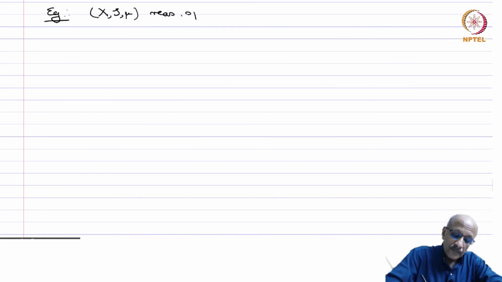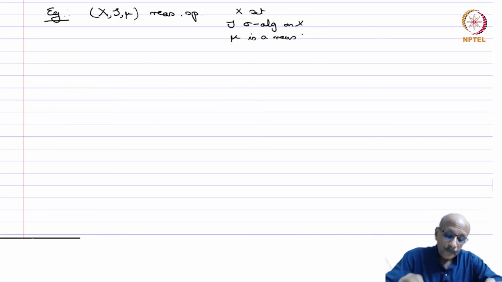That means X is a set, S is a sigma algebra on X and mu is a measure. Okay, and then we have the Lebesgue measure of a function. Now you look at phi from X to V.